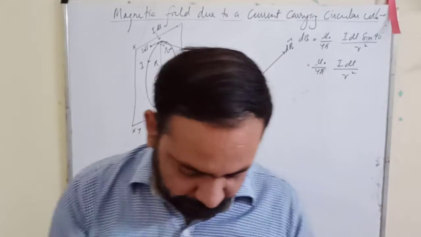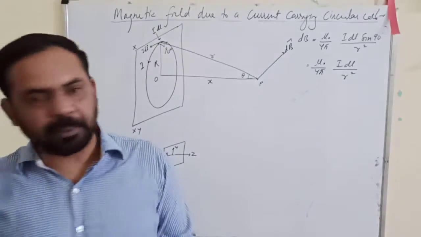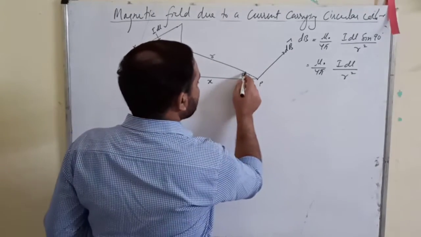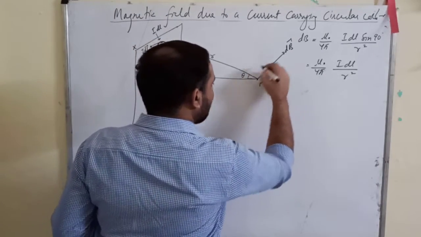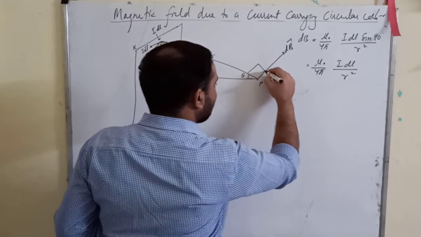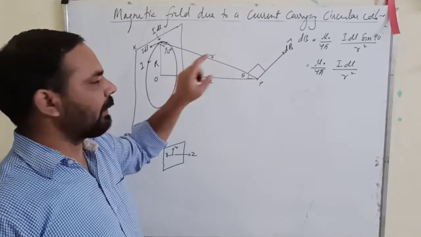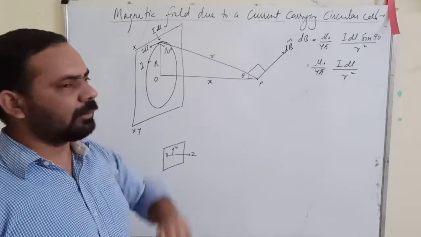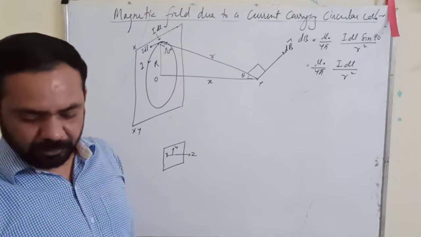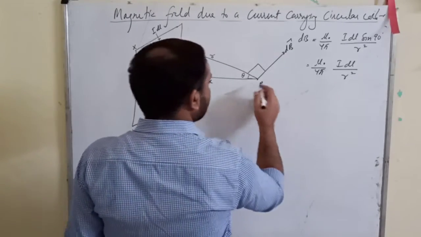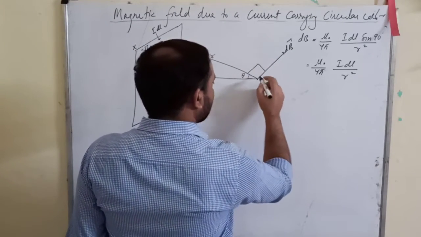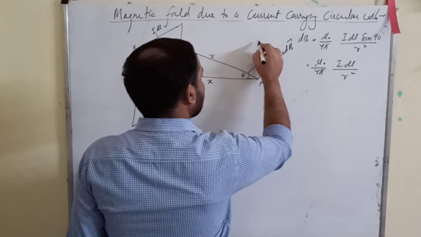So it means that this dB vector must be perpendicular to this vector also. So I will draw dB vector in such a way that this angle is 90, because dB vector must be perpendicular to r vector. Now we draw the components of this here.